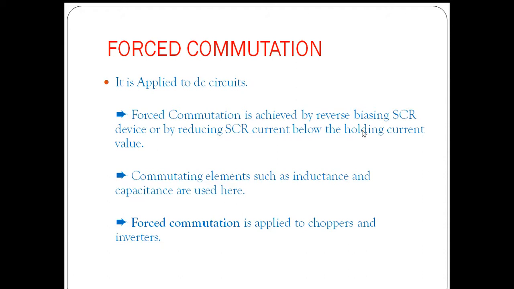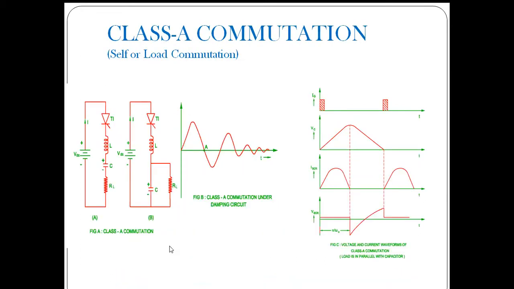This forced commutation process is achieved by reverse biasing the SCR, and by reducing the current through the SCR below the holding current. The commutating elements such as inductors and capacitors are used in forced commutation. We are going to see how we achieve this forced commutation process. It is generally applied in choppers and inverters.